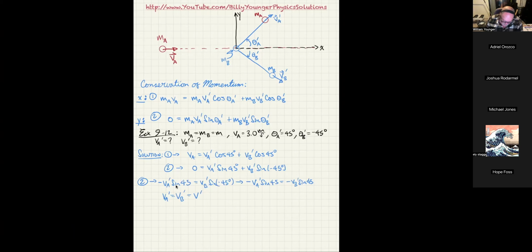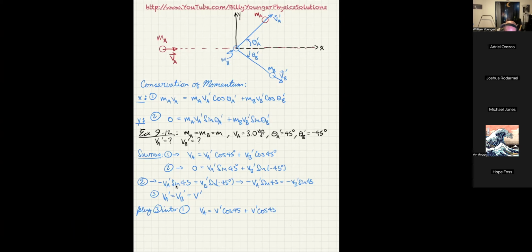Now we can plug this in, and I'll call this equation 3. So if I plug 3 into 1, what I get is VA is equal to V prime cosine 45 plus V prime cosine 45.